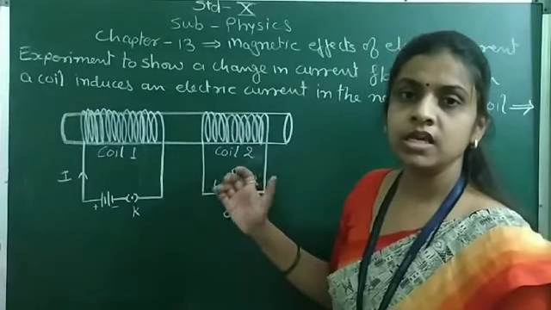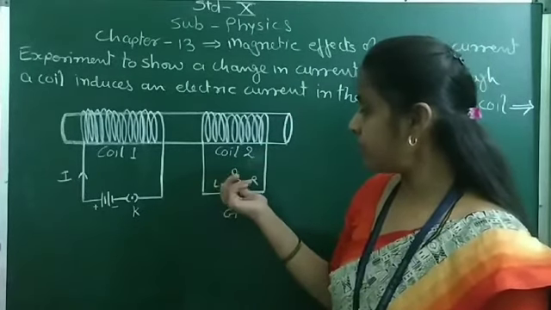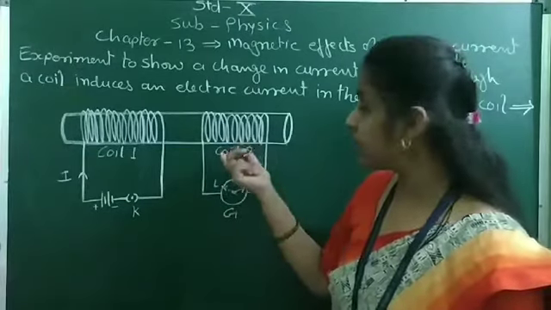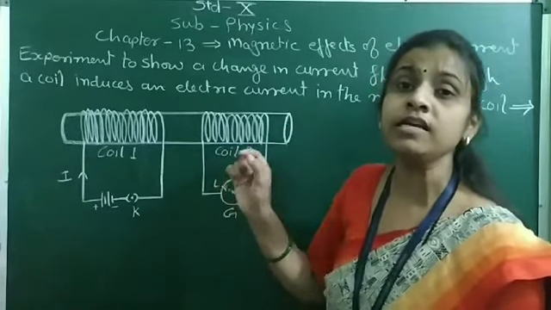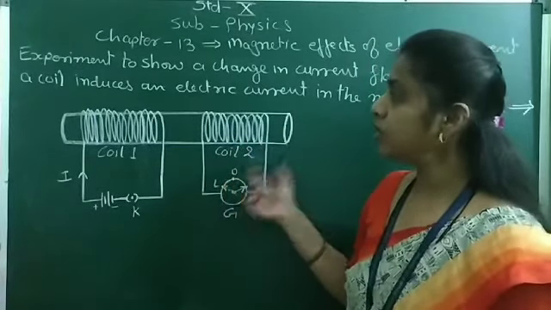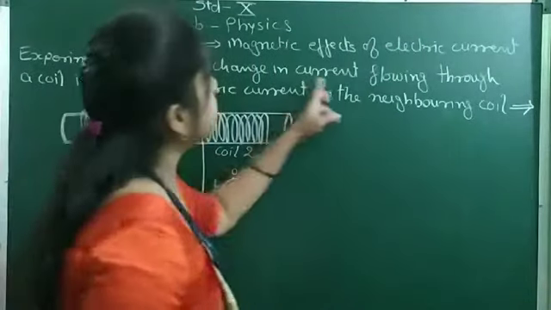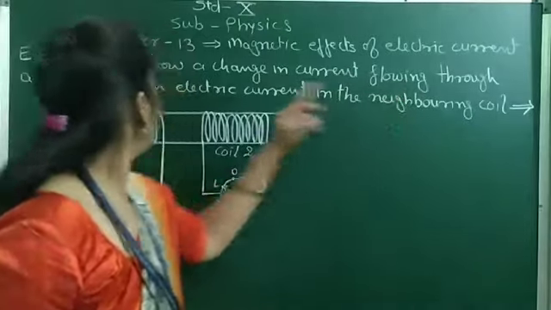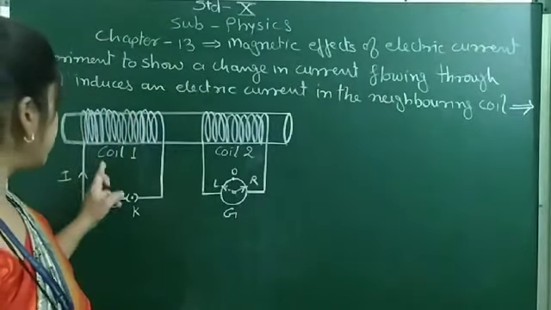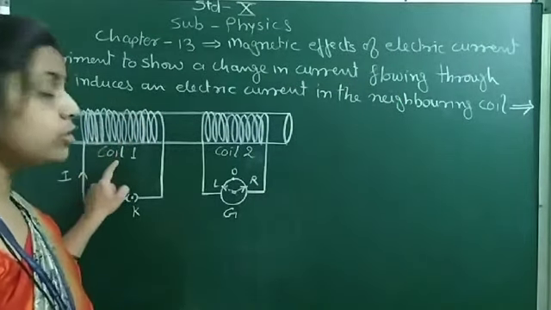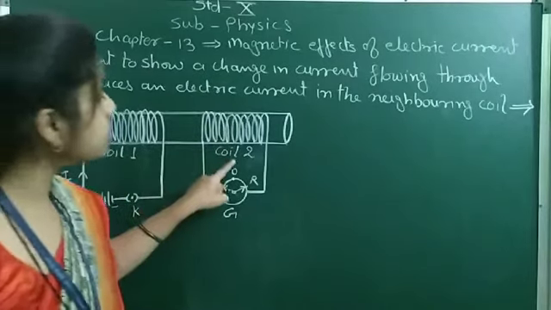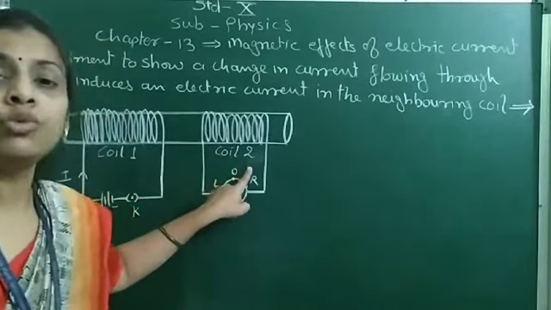We cannot say a permanent current flows through the conductor, but just a momentary current is induced in coil 2. Therefore we can say that whenever there is a change in current flowing through coil 1, it induces a current in coil 2 also.